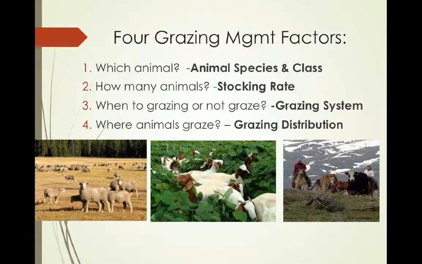And then finally, the fourth management factor is where the animals graze. So, this relates back to how the animal is actually going to use a piece of rangeland. So, the example that I like to talk about a lot is the hilltoppers and the bottom dweller cows. If you have a very, very hilly pasture or allotment with some steep, brushy country, a lot of times cows won't go up in elevation very well.